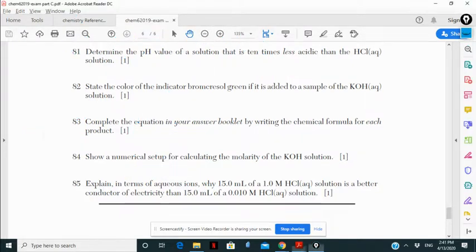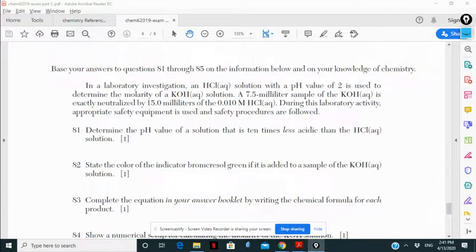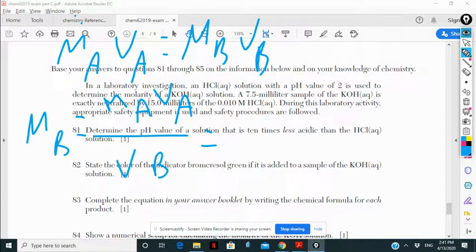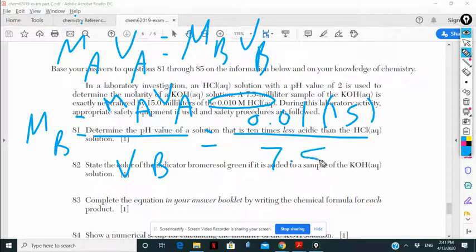Now I need this information. So now the molarity of the acid is here, 0.01, times the volume of the acid, which is 15, and the volume of the base is 7.5. So if I do this setup, I'm going to have 0.02 molar.